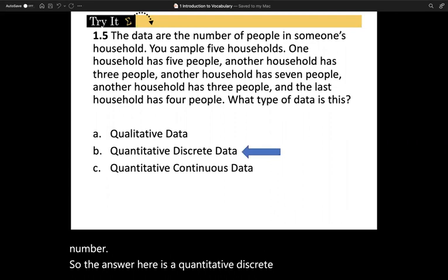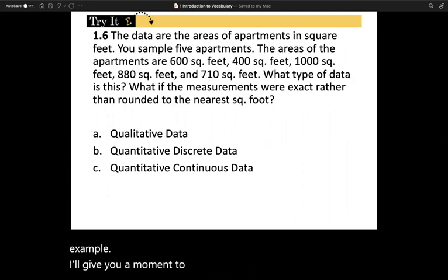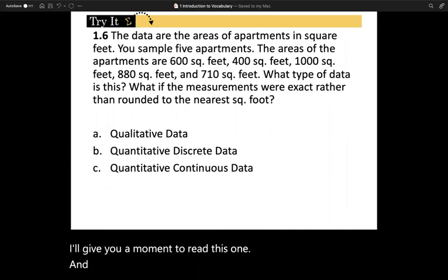Let's try another example. I'll give you a moment to read this one and take a moment to answer, is it A, B, or C?